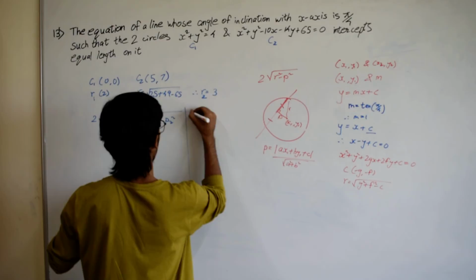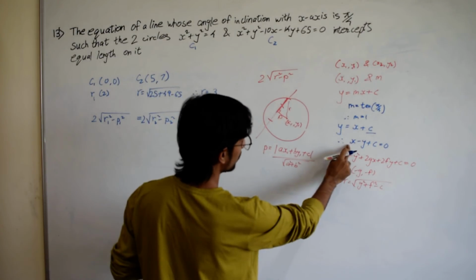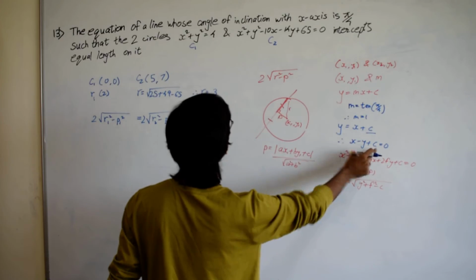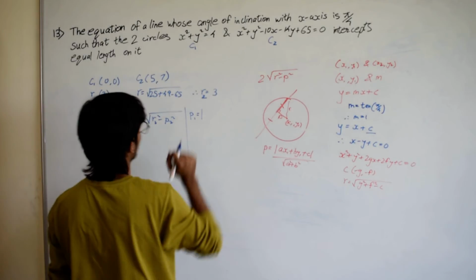So p1 equals mod of, we have a equals 1, b equals minus 1, c equals c, and the point x1, y1 is 0, 0 for the first circle.